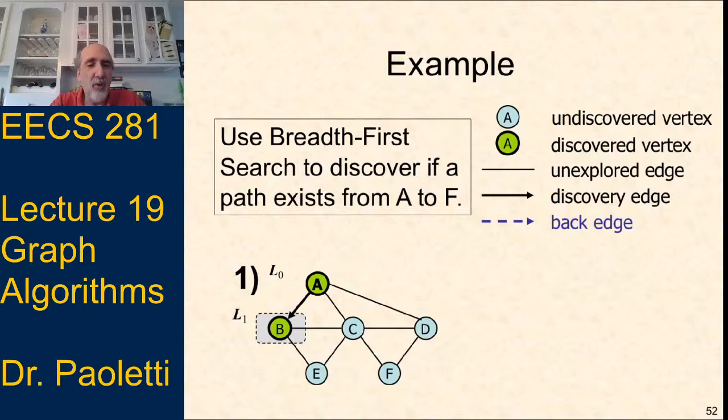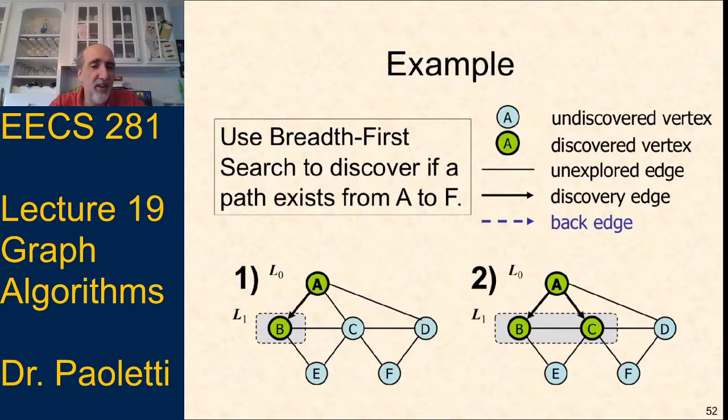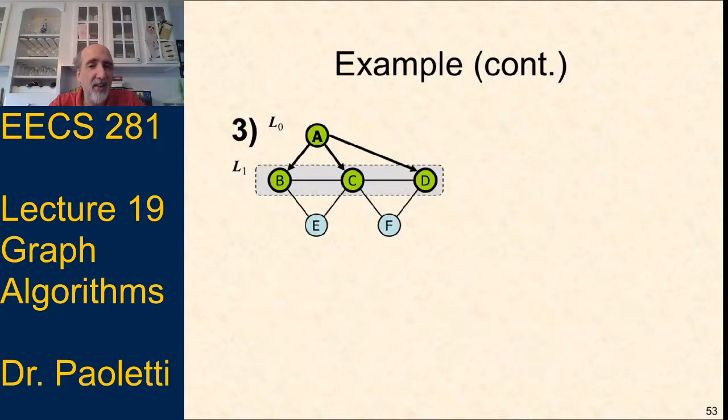So we start with a distance of 0, we add A to the queue, and then A comes out of the queue and becomes our current, and we start exploring things that are a distance of 1. So B at a distance of 1 gets added, C gets added, D gets added. We've added everyone who's a distance of 1 step away from the start.